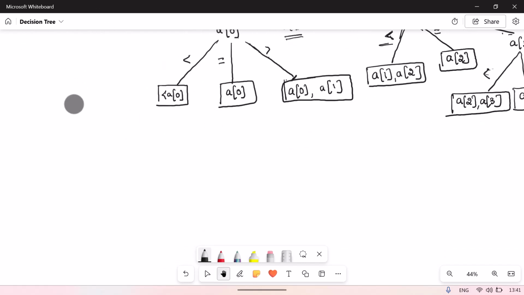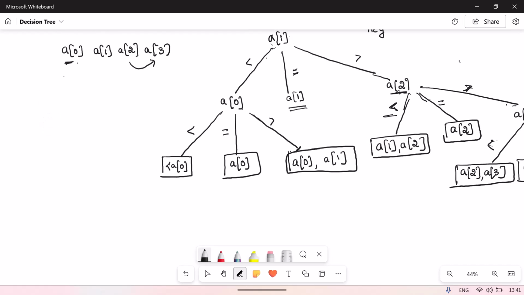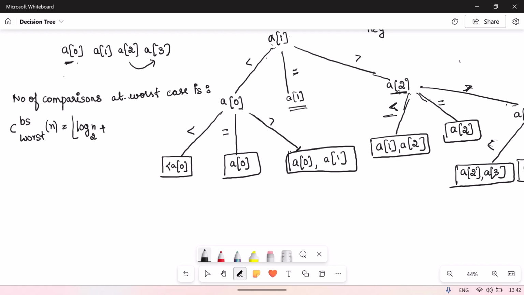Similarly, when you're doing the comparisons, the number of comparisons at worst case is C of binary search, worst case, which is log n to the base 2 plus 1.